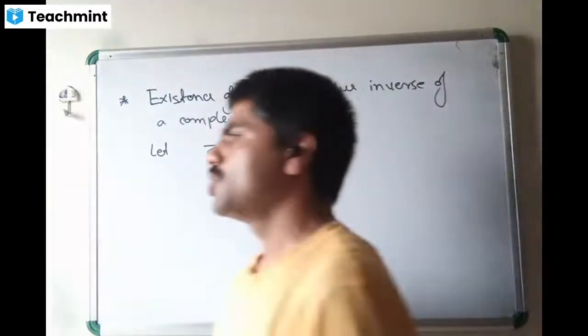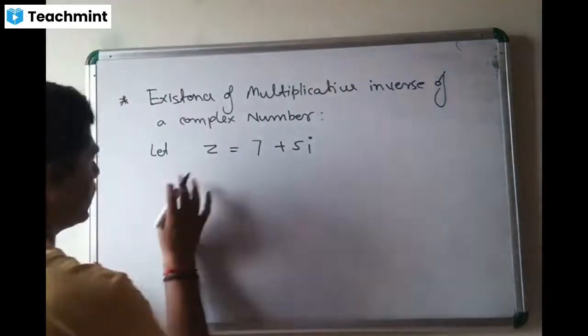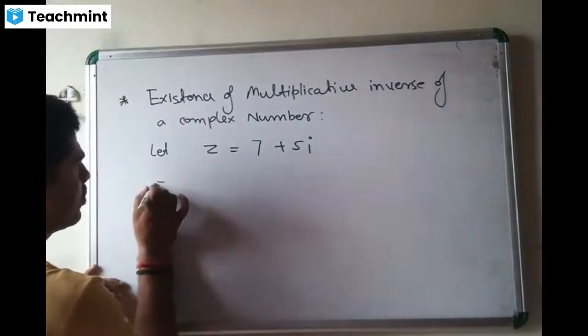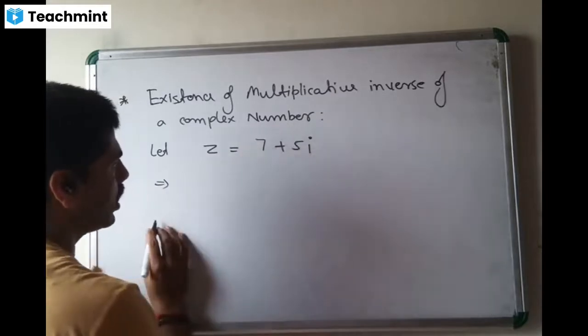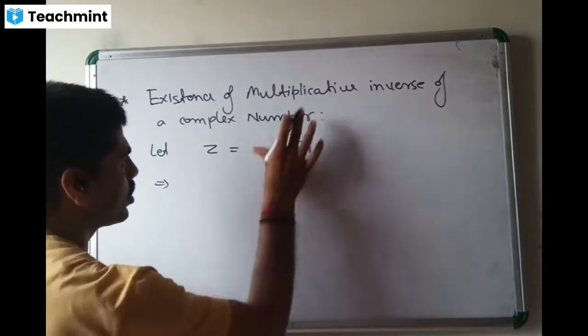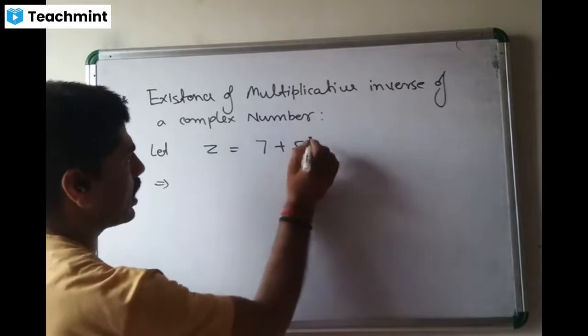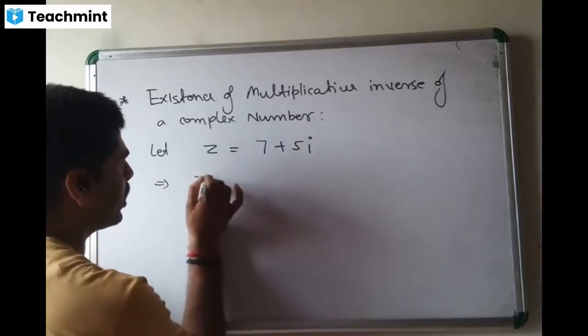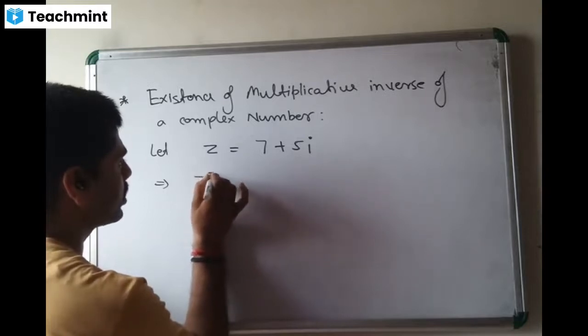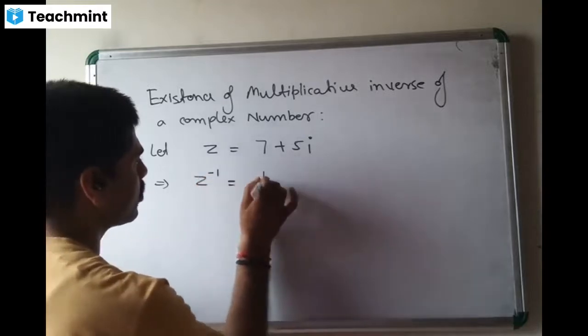First of all, you find the reciprocal of this number. Yes or no? So the reciprocal of this number gives you another complex number, z inverse, which is equal to 1/z.